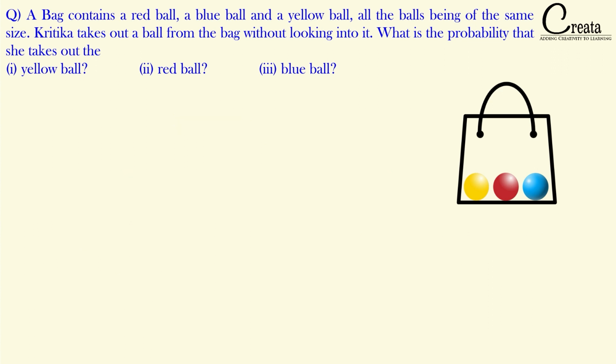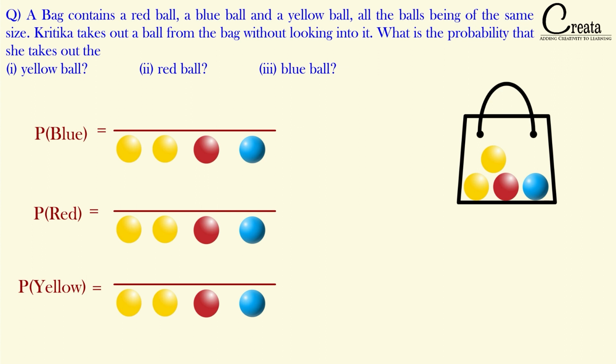Okay? In the question, we are having only 1 yellow, 1 red and 1 blue ball. Suppose we are having 2 yellow balls, then how will our answer change? Suppose we are having 2 yellow balls, then in the denominator we are having a total of 4 outcomes: 2 yellow, 1 red, 1 blue. And on the top, if we have to calculate the probability of getting the yellow ball, it will be 2 yellow balls.